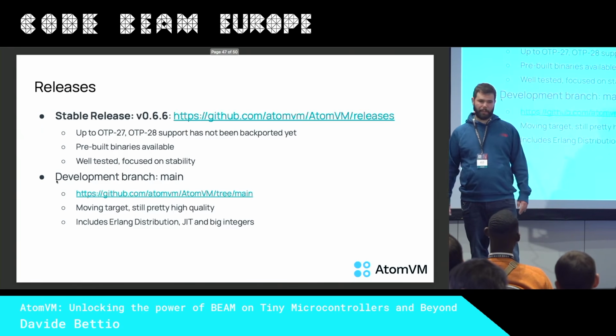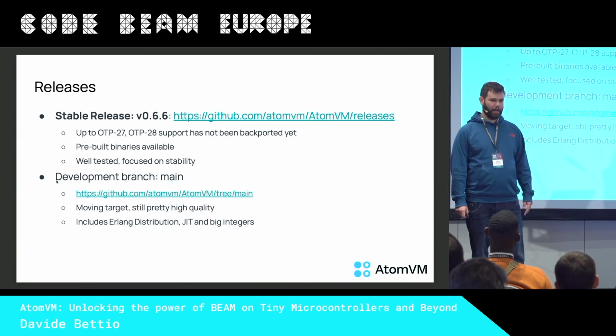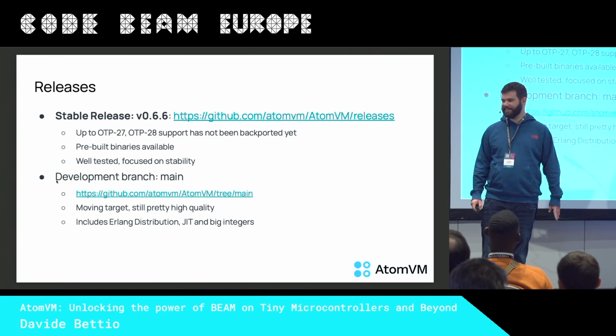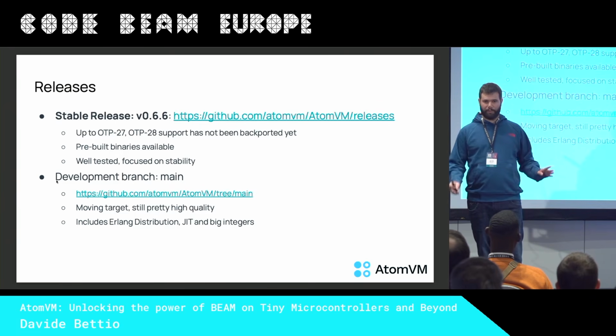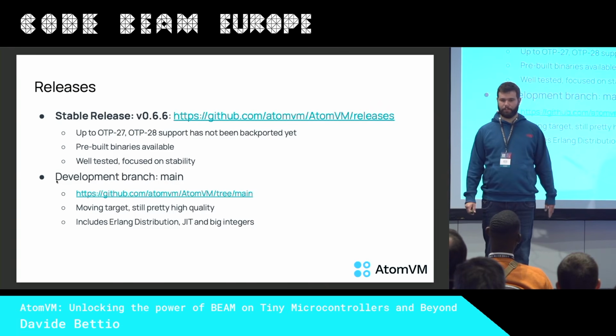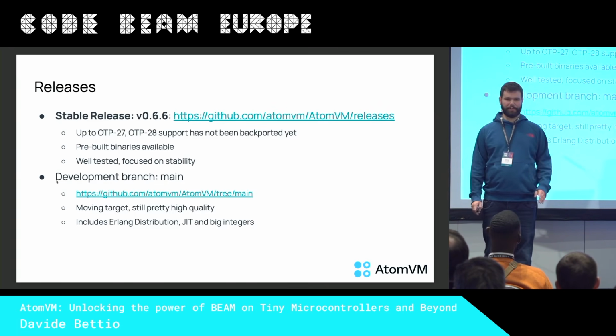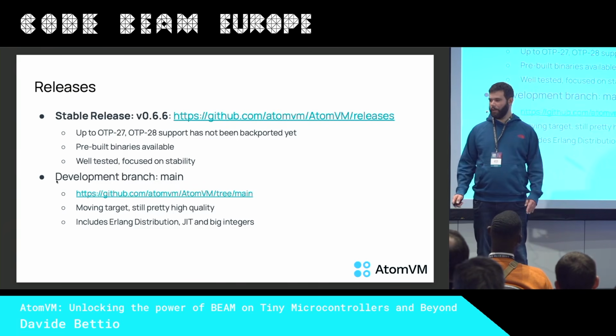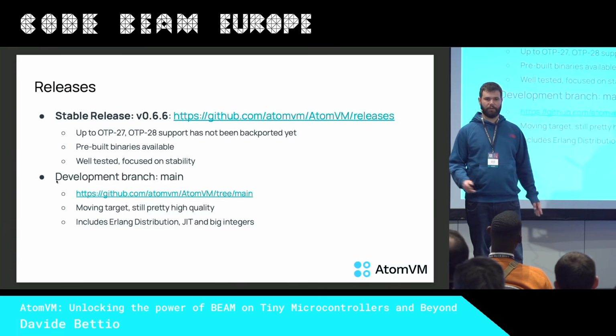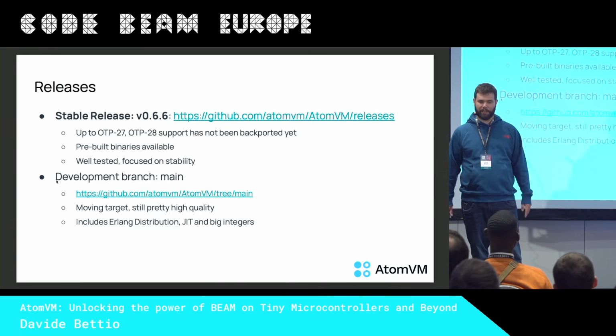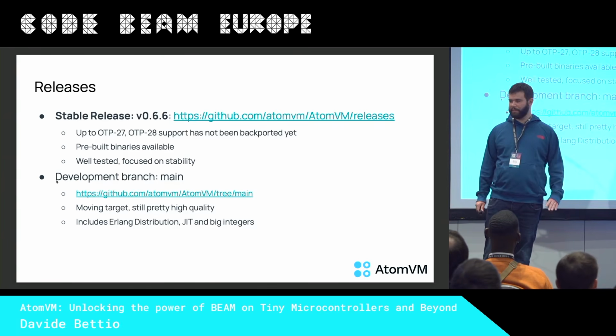And talking about releases, you have two options. The stable option, well, they are both stable in a certain way. Also, main is pretty stable. But you have the v0.6 option that has periodic updates, so we do some kind of maintenance releases, and it's pretty well tested.